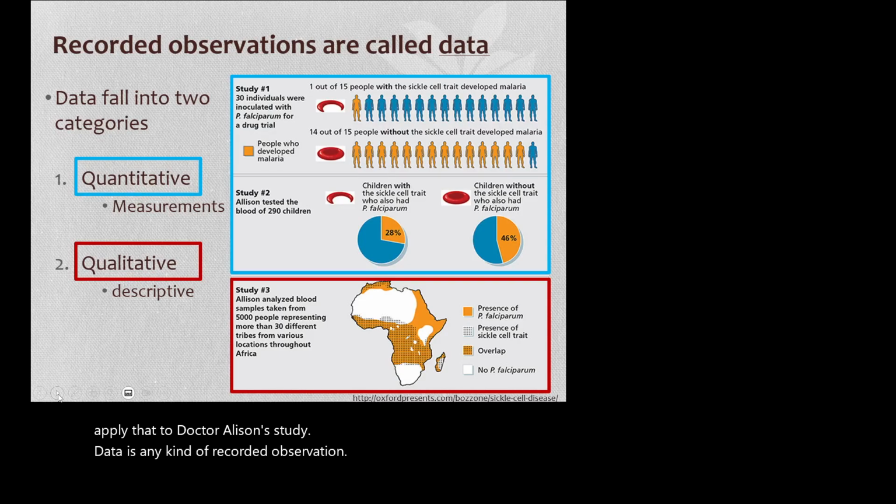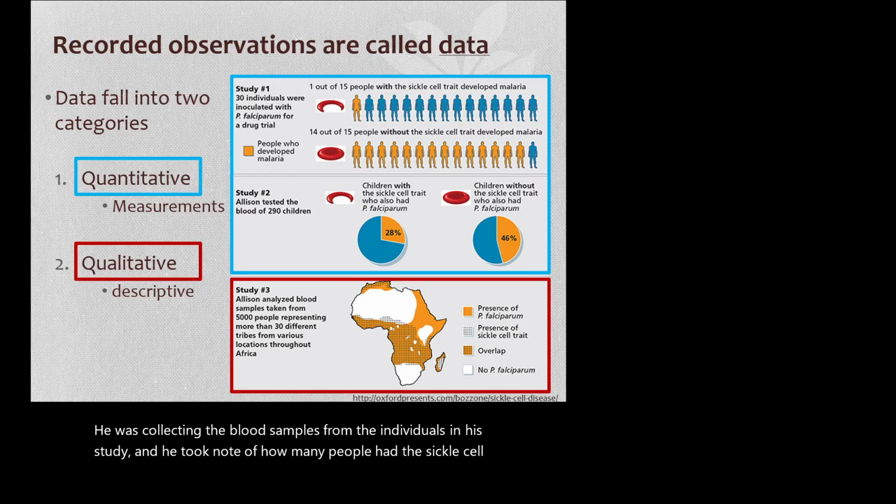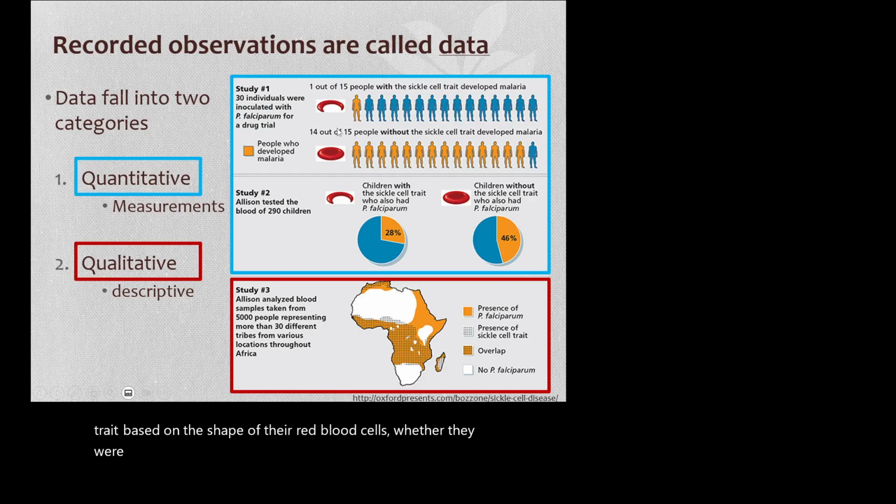Data can be numerical. Data can be descriptive. Any type of measurements or numerical data would be qualified as quantitative data. So as shown here in the blue box, he was collecting the blood samples from the individuals in his study, and he took note of how many people had the sickle cell trait based on the shape of their red blood cells, whether they were sickle shaped or crescent shaped, or whether they were perfectly round.